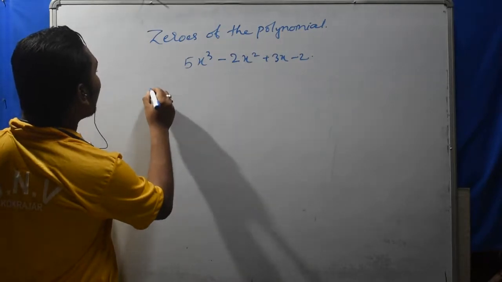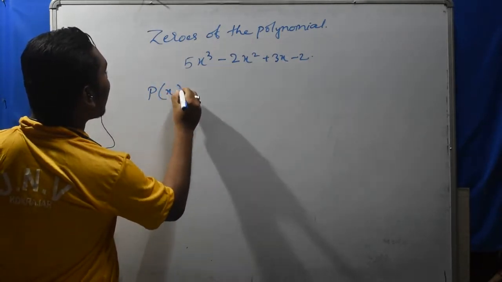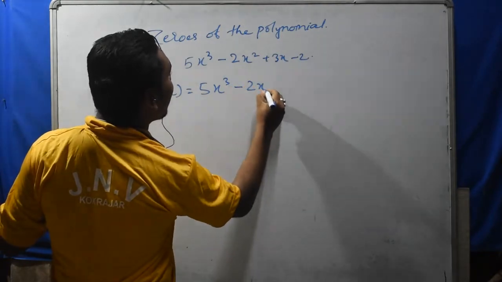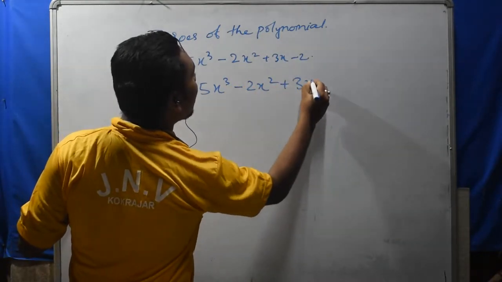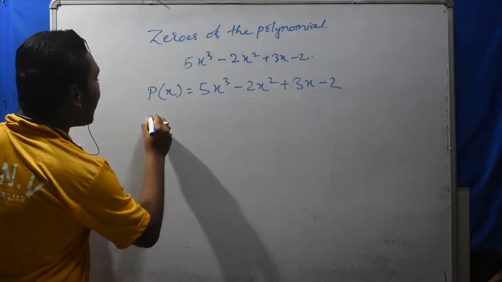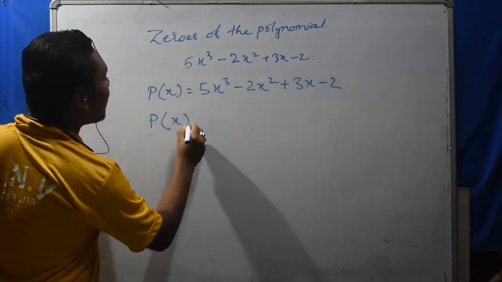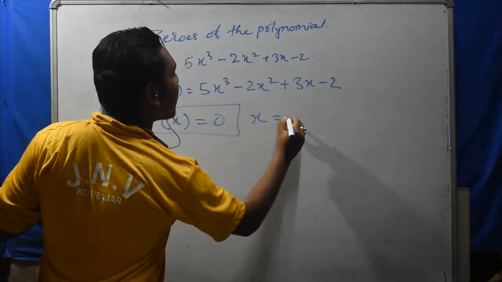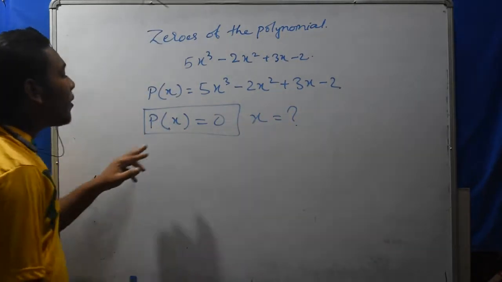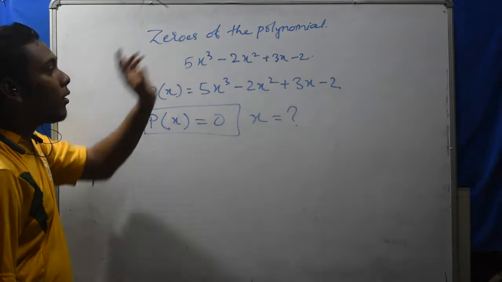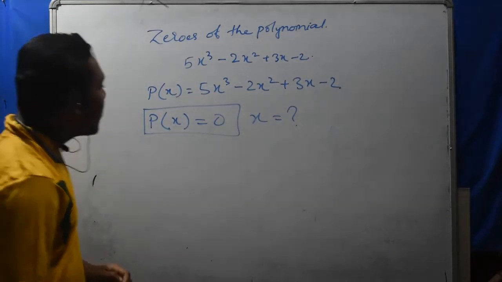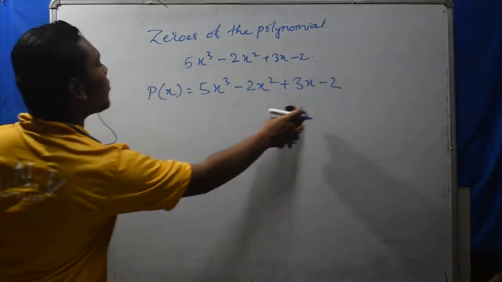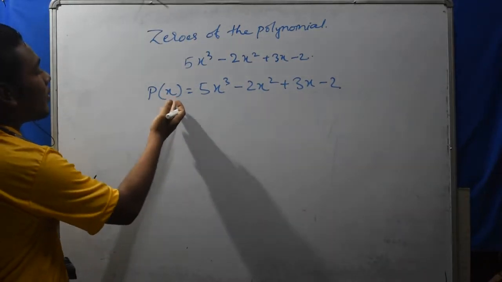If I put p(x) equal to 5x cube minus 2x square plus 3x minus 2, then p(x) must be 0 for the value of x. At whatever value of x, p(x) becomes 0, that is known as a zero of the polynomial. Let us check, because we don't have any values to prove which number becomes 0.